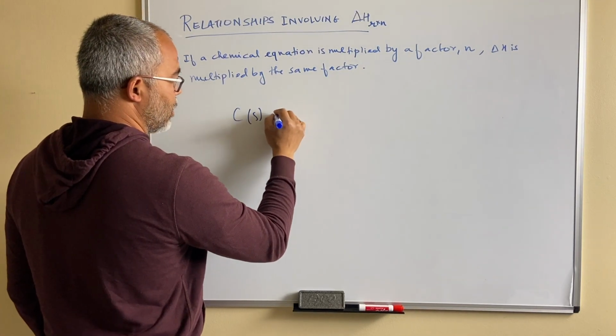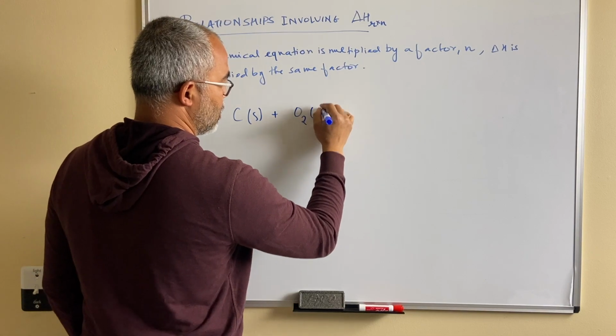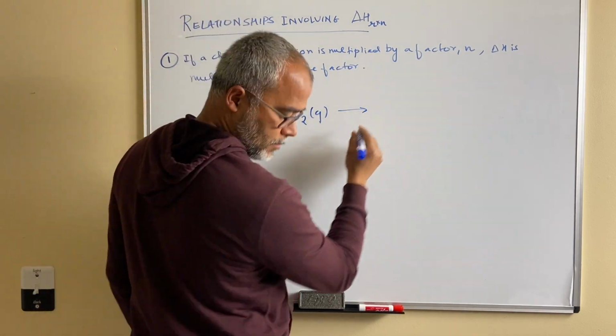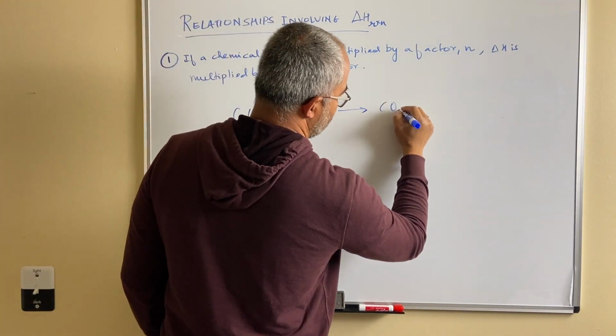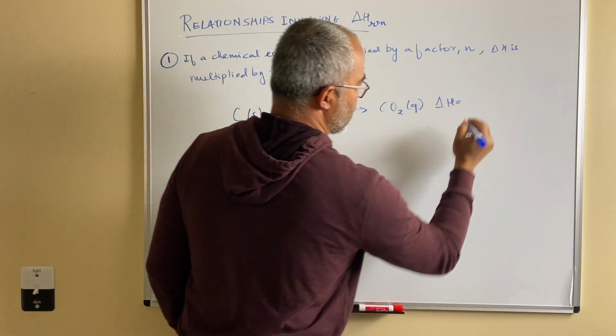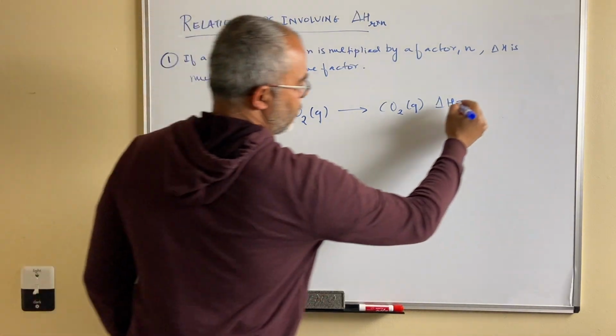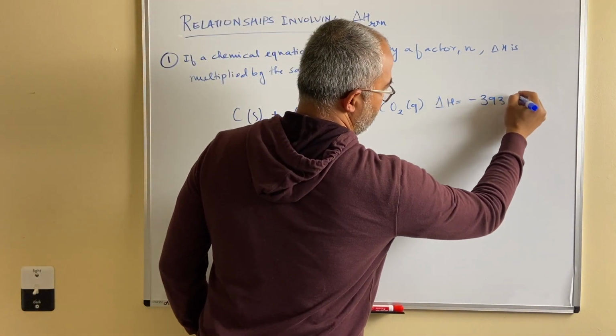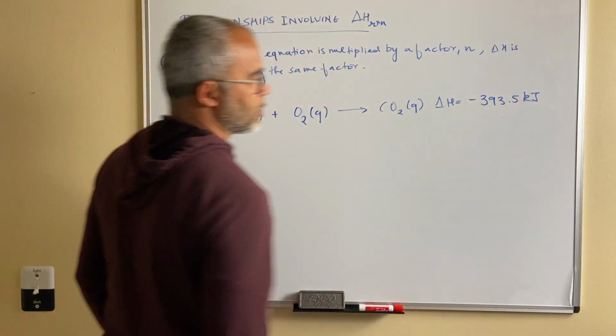Let's say we have carbon plus oxygen gives us carbon dioxide, and the delta H for this reaction is minus 393.5 kilojoules.